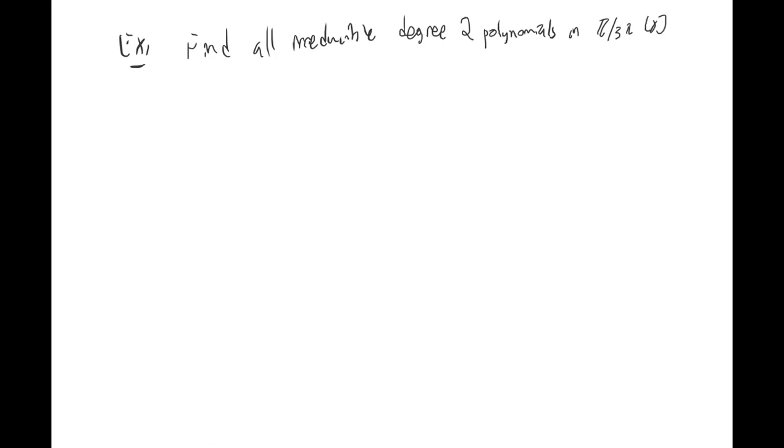When the book says irreducible here, they don't say irreducible over what; it's implied they mean over whatever the base field is. So it's implied it's over Z mod 3Z.